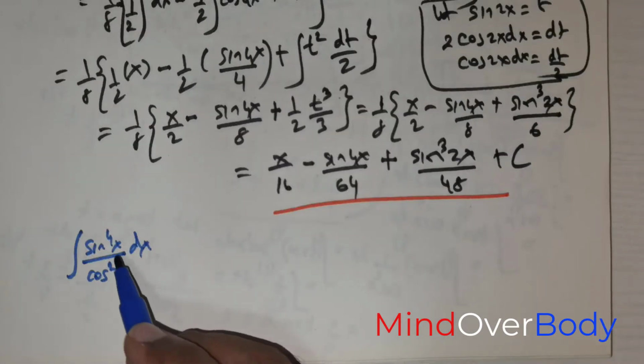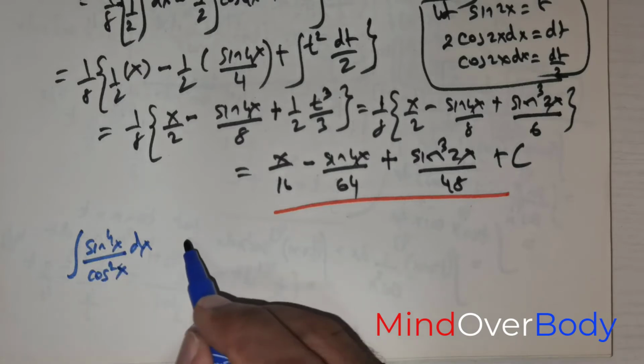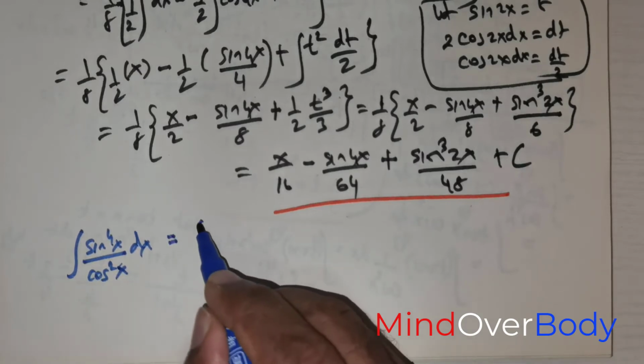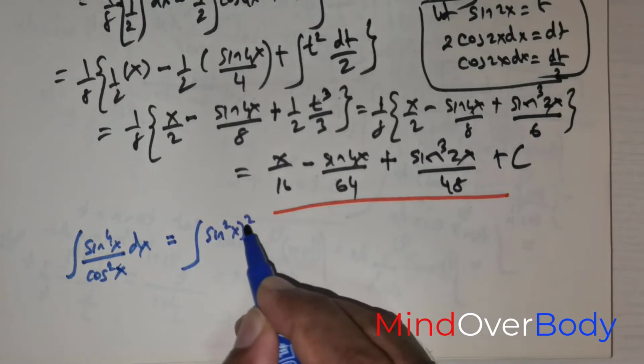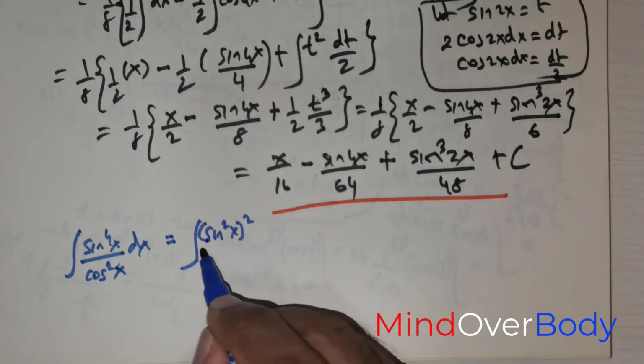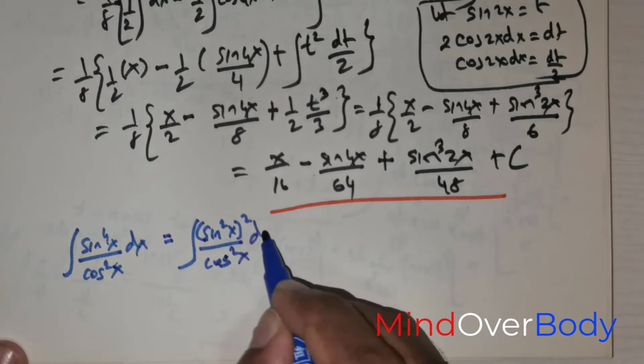Students, we are expected to integrate this integral sine raised to the power of 4x over cos squared x dx. Now I'm going to rewrite this as integral sine squared x raised to the power of 2 divided by cos squared x times dx.